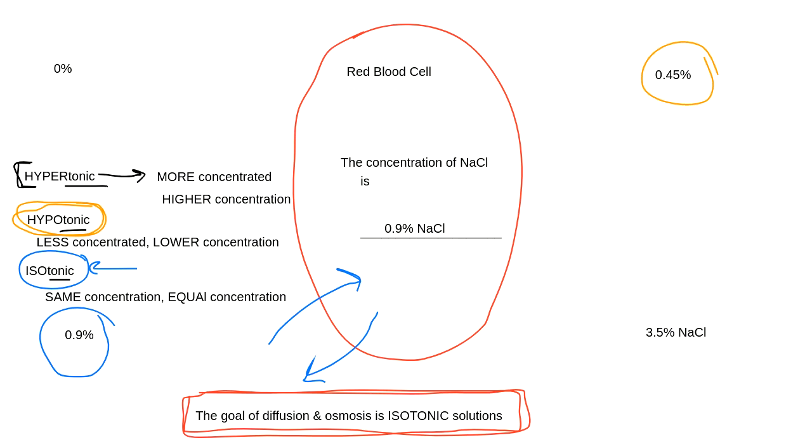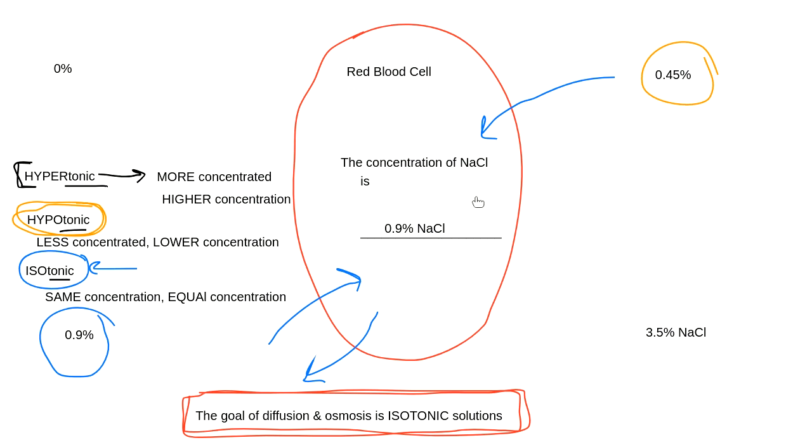Water is going to go into my red blood cell, because when I'm looking at this solution, it looks like there's way more water on the outside than on the inside. And remember, when we're talking about water moving, we're talking about osmosis. In osmosis, water moves to where there's more salt. So lots of water here on the outside, more salt comparatively on the inside. Water is going to go into this cell.